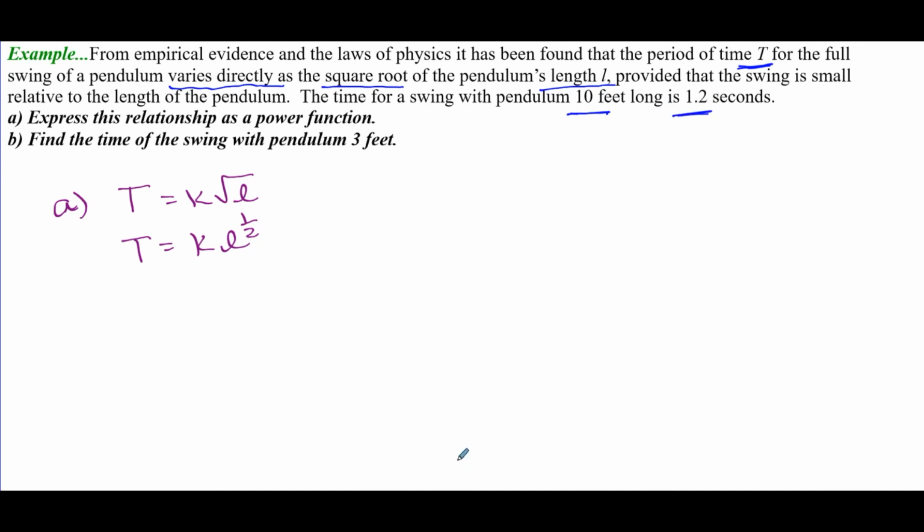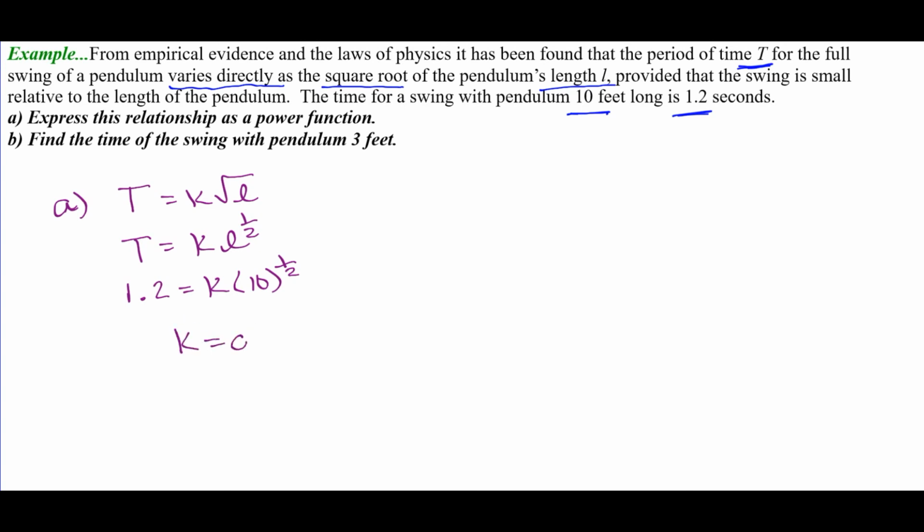So a pendulum 10 feet long has a period of 1.2 seconds. So I'm going to go 1.2 equals k times 10 to the 1/2 power, or you could leave it with the square root. Then just solving for k, we get 1.2 divided by 10 to the 1/2 power, and we get about 0.38.